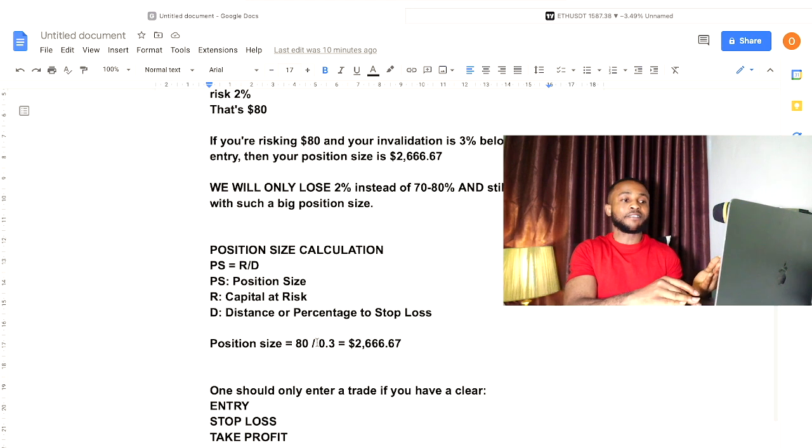Then divided by 3%. We already know that 3% is the same thing as 0.03. So in order to get our position size, all we need to do is 80 divided by 0.03 from our formula, which will give us 2,666.7. We can also say 80 divided by 3, then times 100. We already know that the 100 is the same thing as our percentage.